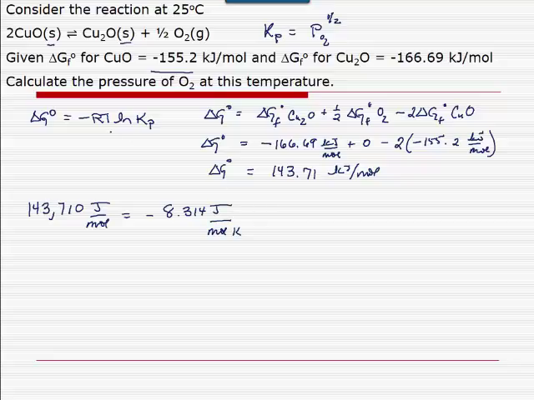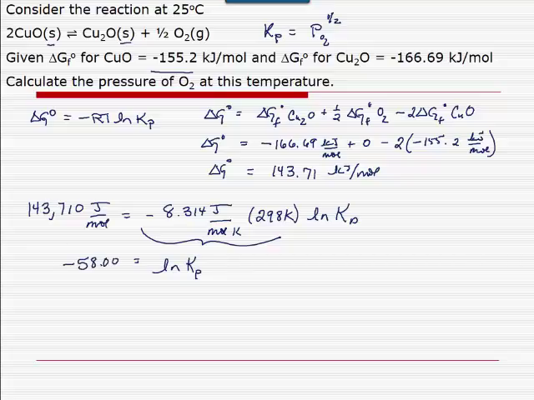That prompts me that my temperature needs to be in Kelvin. It says 25 degrees Celsius, so that's 298 Kelvin, and times the natural log of the K. So I will divide both sides by this portion to leave me with the natural log of K. The natural log of K is a negative 58.